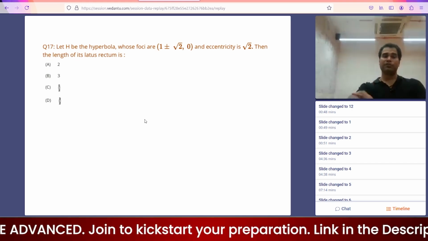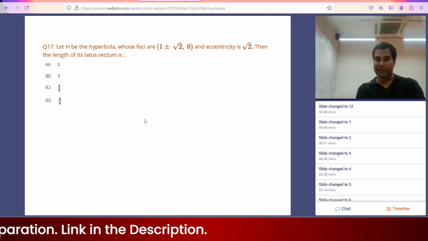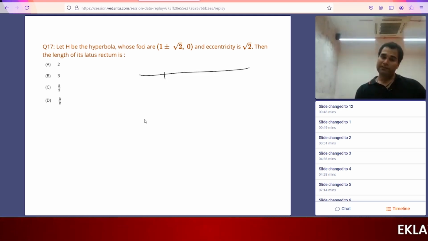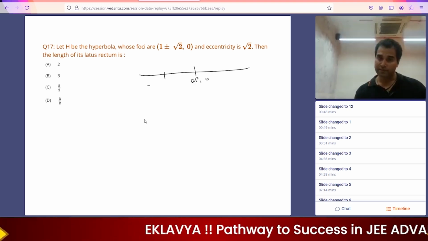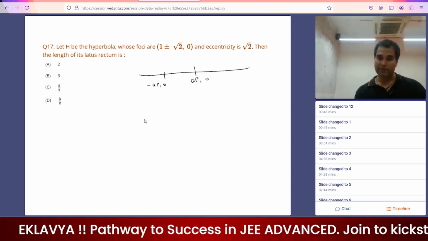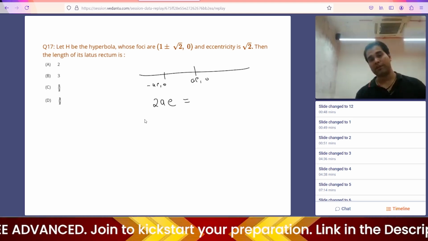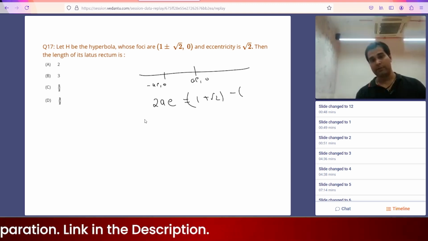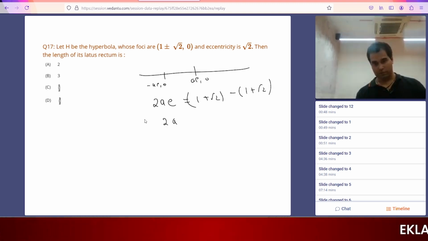Now next question. Let H be the hyperbola whose foci are this. This hyperbola has a transverse axis, which means ae comma 0, and here minus ae comma 0. Means length of foci is 2ae, and here the distance between foci is 1 plus root 2 minus of 1 minus root 2.